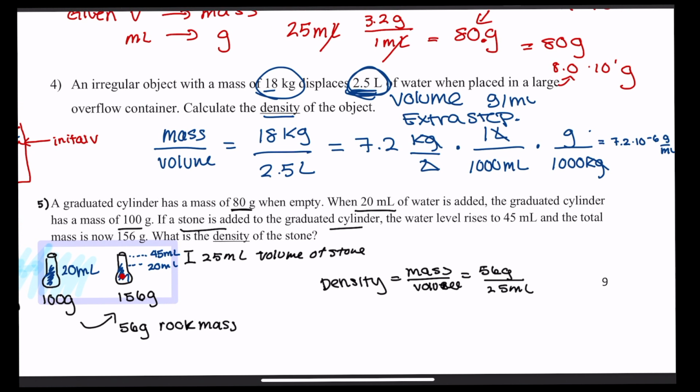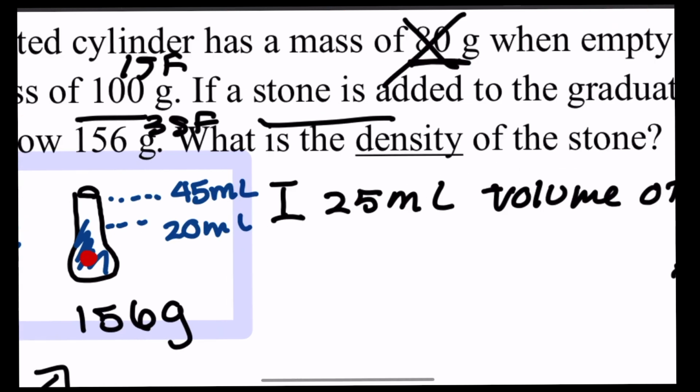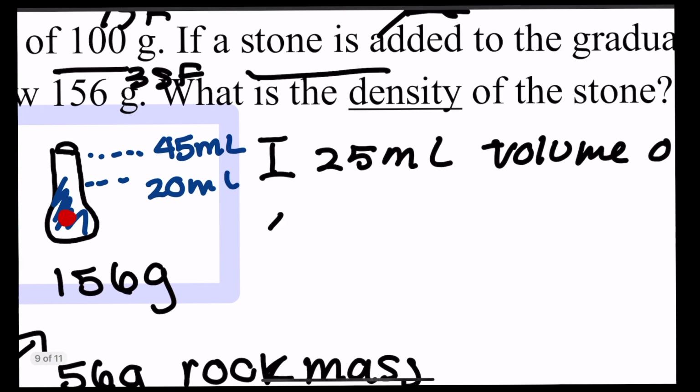And here, this is only 1 sig fig. But we don't care about this one. 1 sig fig, 2 sig, this is only 1. And this is 1 sig fig, 3 sig fig, and this is 2 sig fig. So when I do minus right here, let's make sure our sig fig is right. Minus 20.